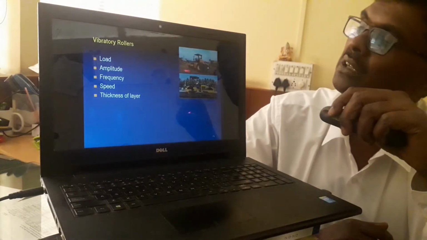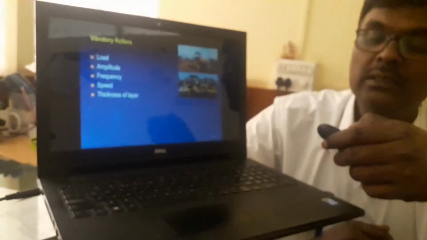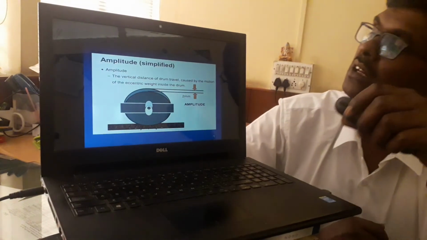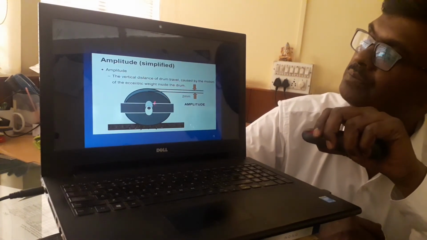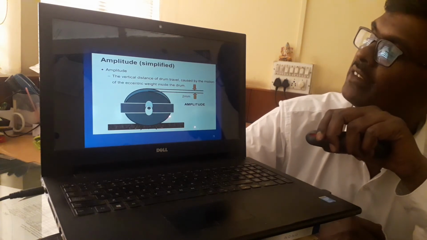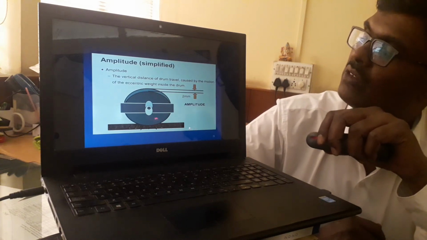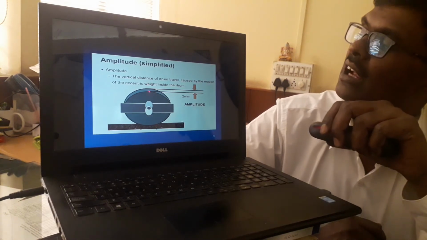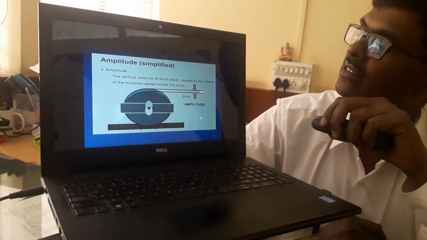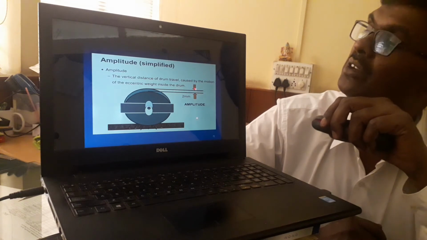And of course compaction also depends on the speed of the roller and the thickness of the layer. So this is how you can see here the amplitude. This is the surface, and when you switch on the vibrations, the drum rises from the surface by so much, and this is the amplitude.